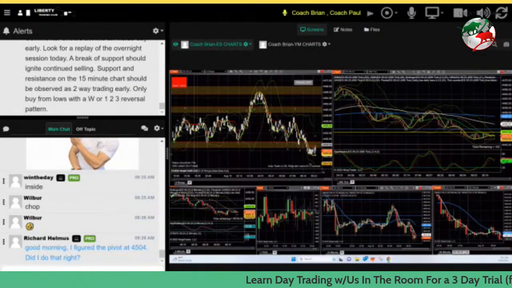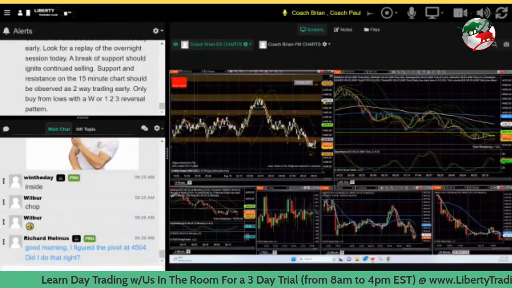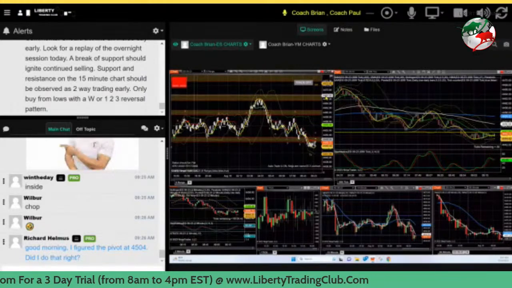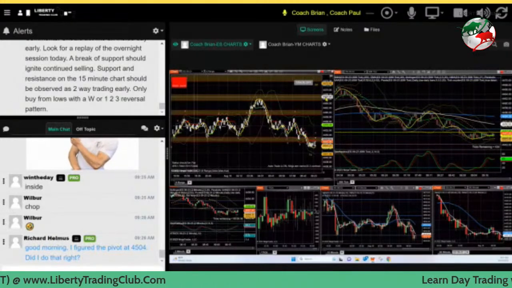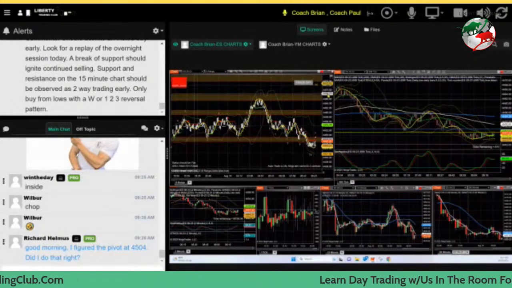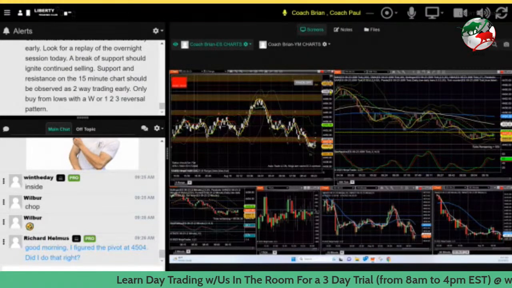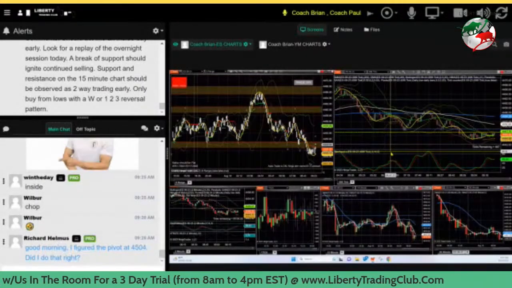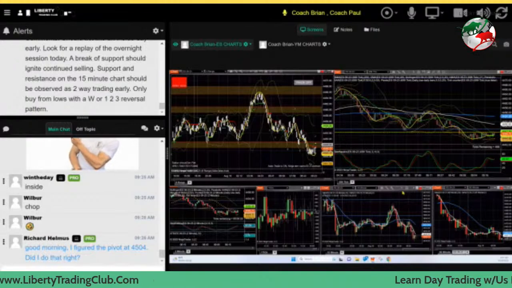Let's see. 4504. Well, the good news is we have a 4472 pivot, sorry. You should have a pivot indicator on your charts, Richard, but yeah, you probably use the settle price and not the close price.